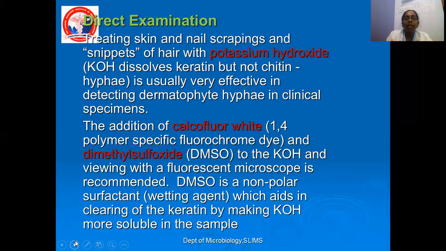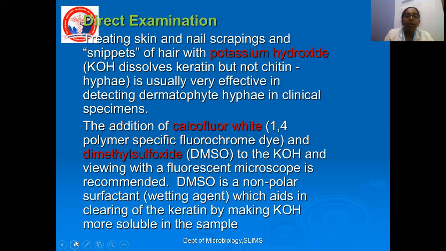So if you see the direct examination, it's by potassium hydroxide mount. The skin or nail scrapings are taken and mixed with this potassium hydroxide. KOH dissolves all the keratin and you can see the fungal elements more clearly.